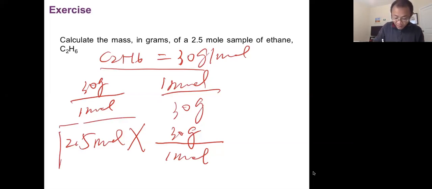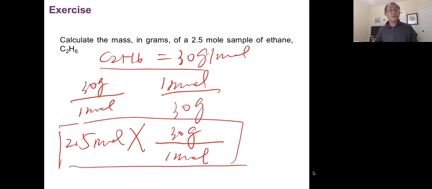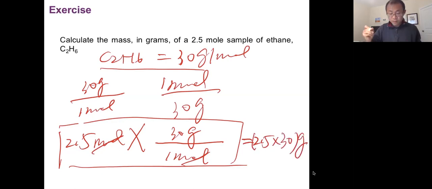So this is the calculation. 2.5 moles times 30 grams per mole. Mole on the bottom, so mole and mole cancel. I got 2.5 times 30 on the calculator, grams. And the answer will be 7.5 times 10 to the second grams.